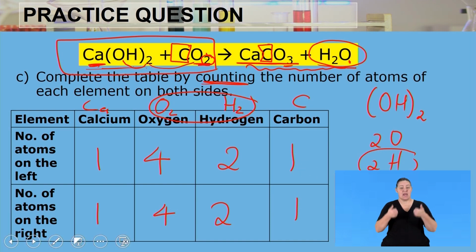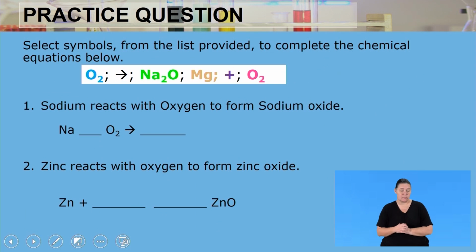Next question. We now need to select symbols from the list provided to complete the chemical equations below. So we have O2, the arrow, Na2O, Mg, the plus sign, and also O2. The first chemical equation is saying sodium reacts with oxygen to form sodium oxide.